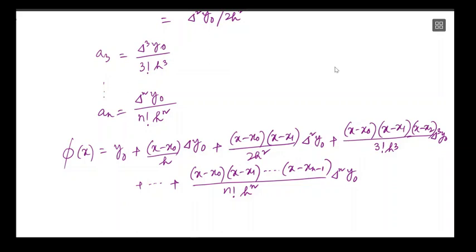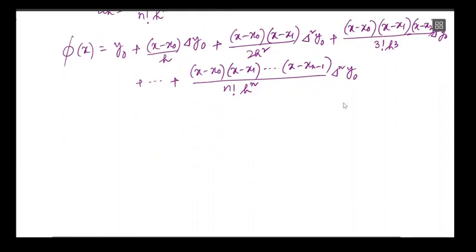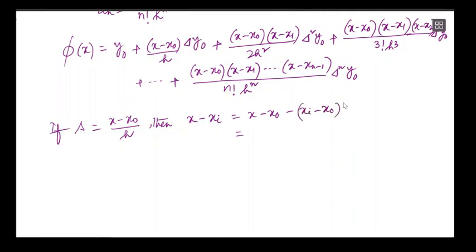As before, if we introduce another variable s, where s is given by x minus x0 by h, then x minus xi will be x minus x0 minus (xi minus x0), that is equal to sh minus ih, that is equal to (s minus i) times h for i equal to 0, 1 to n.